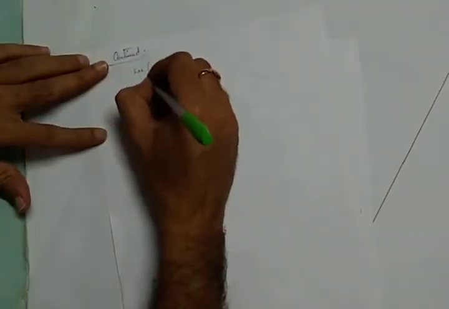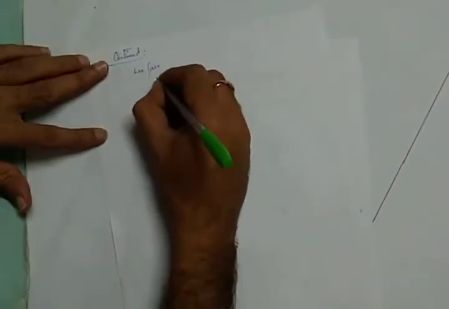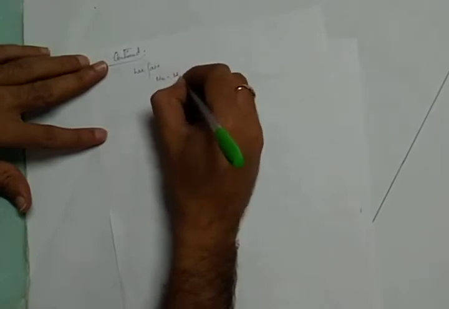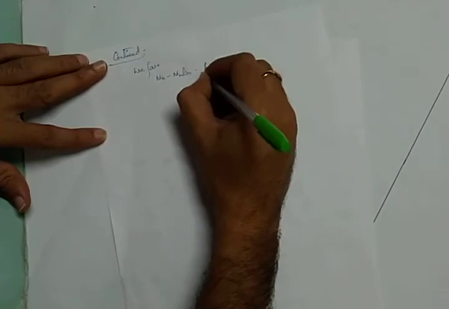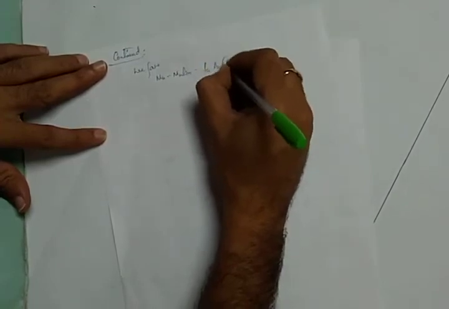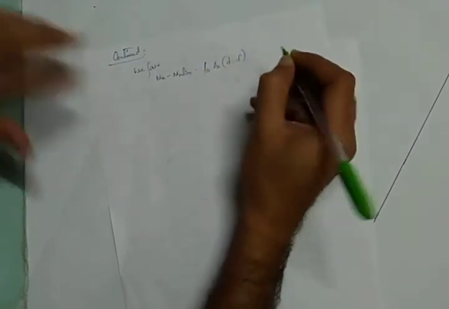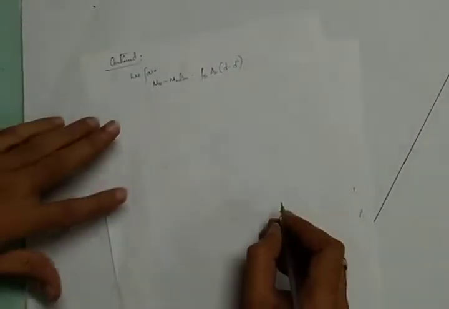So we have Mu minus Mu limit is equal to fsc into Asc into (d minus d dash). I have written it as it is. Write the formula and substitute the values.